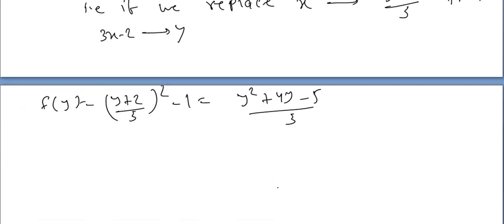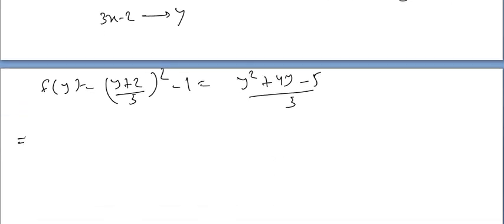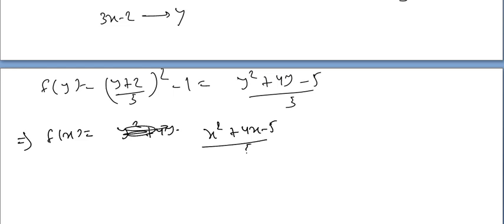So you have a function in y, just replace it, because you can always replace variable x by y or z or something, so it does not matter. So f of x is x square plus 4x minus 5 divided by 3. It does not matter whether you are replacing x by y or z or anything else.